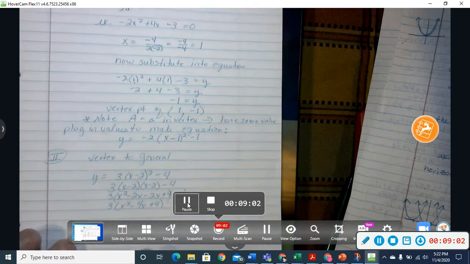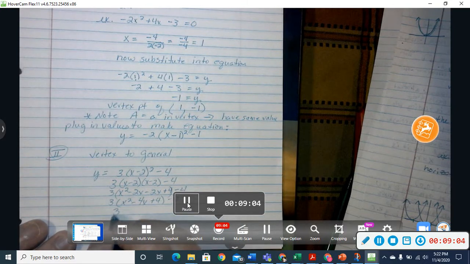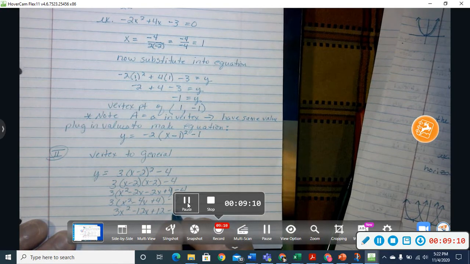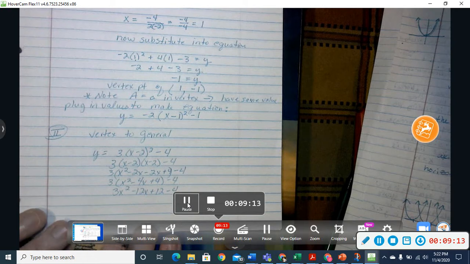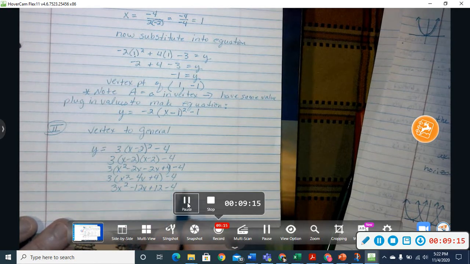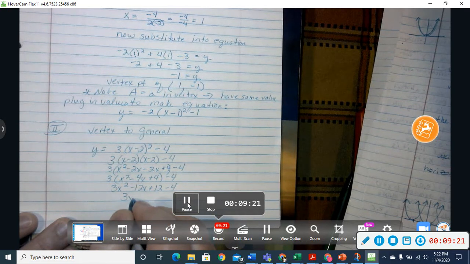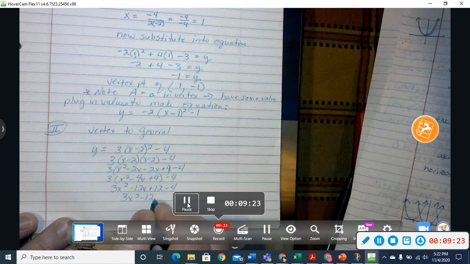Now we multiply by 3 to distribute: 3x squared minus 12x plus 12 minus 4. We can drop the parentheses now, and we combine like terms again. So we have 12 minus 4, which makes 8: 3x squared minus 12x plus 8.